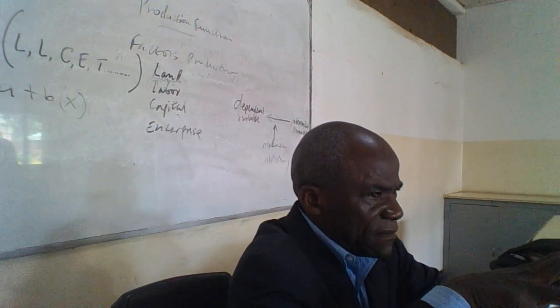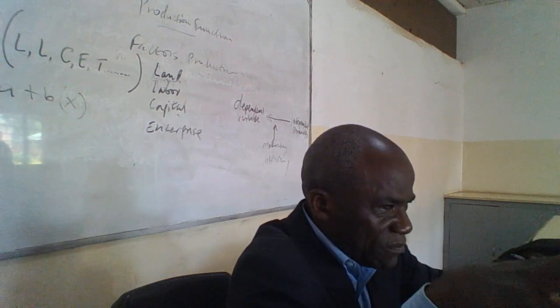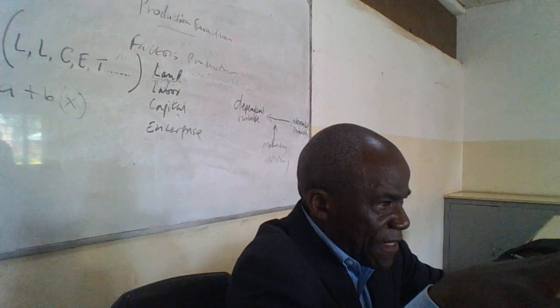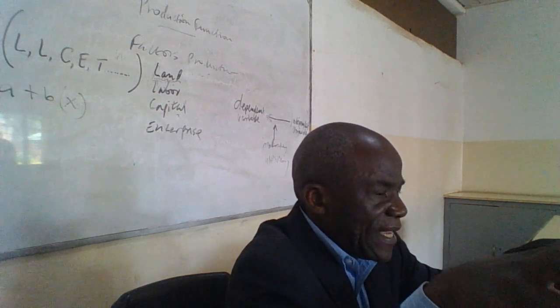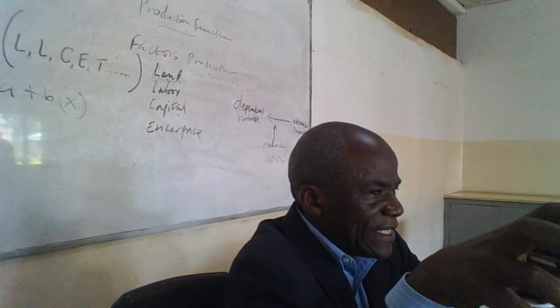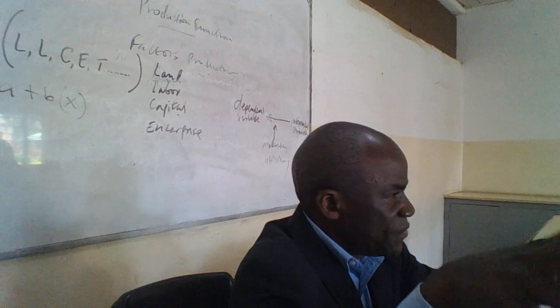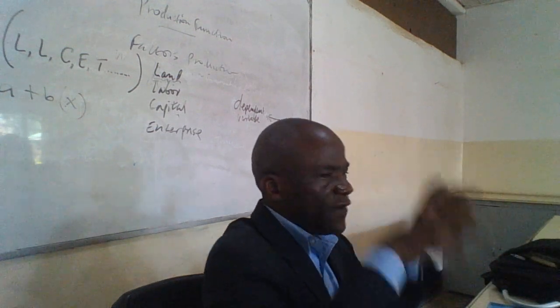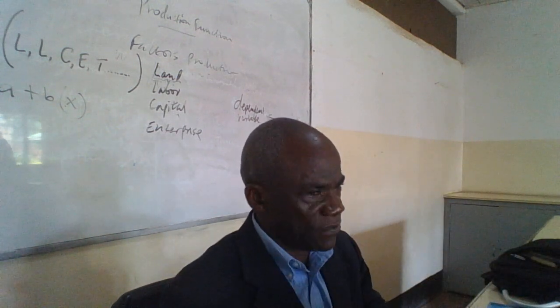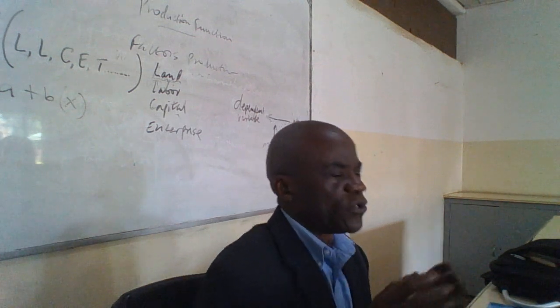You combine these inputs in different ways, but they give you the same output, which now leaves you with the alternative in terms of how much each combination costs. Because different combinations give you the same level of output, now you have to find what is the least cost.